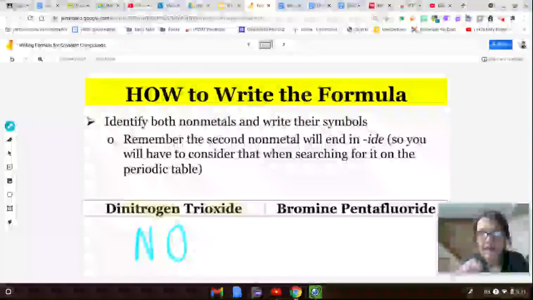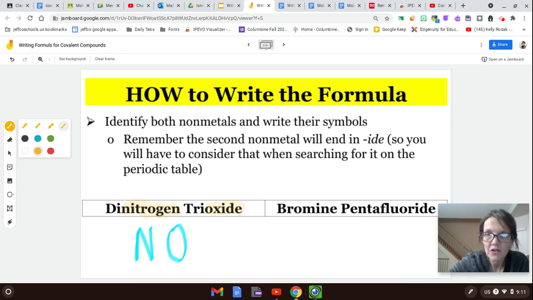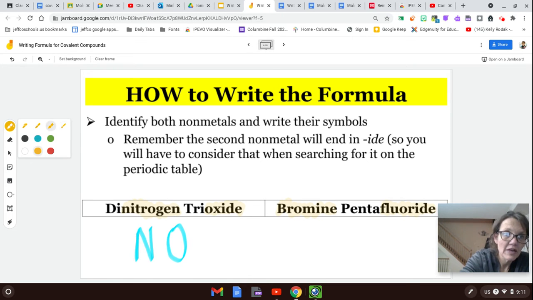Okay. Now let's look at bromine pentafluoride. Again, we're going to identify the elements that are present. The first nonmetal is bromine, and the second nonmetal is this fluoride. Again, you're not going to find the word fluoride on the periodic table, but you will find the word fluorine.